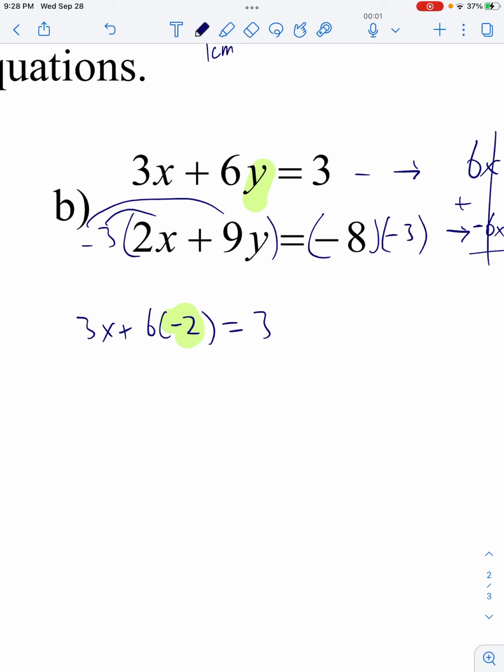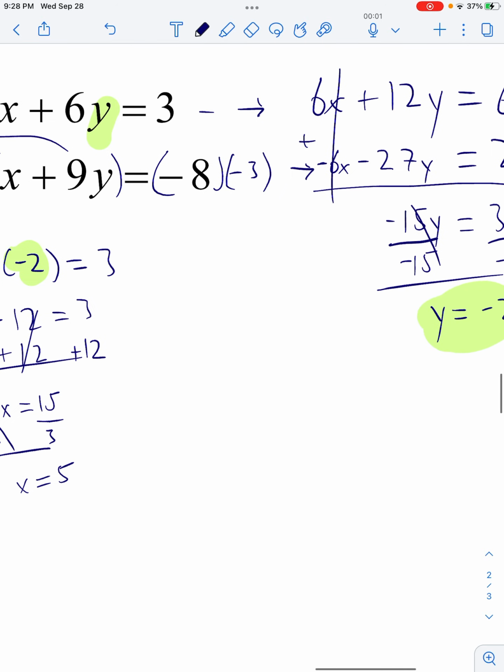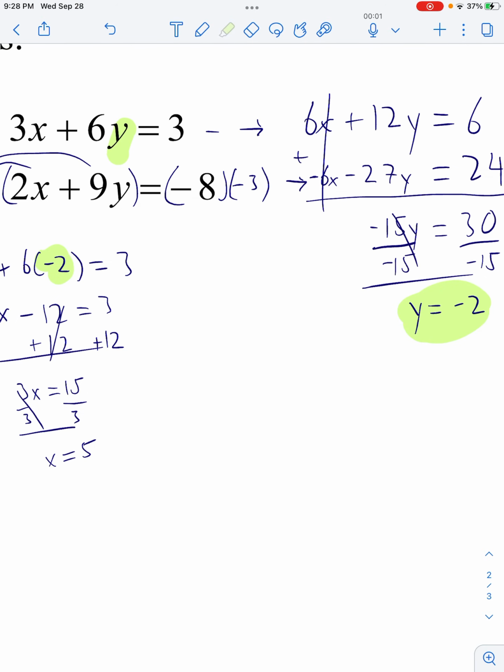Now I have one equation with one unknown that I can solve. Let me write that as -12, so 3x minus 12 equals 3. Add 12 to both sides. 3x equals 15. Divide by 3. x equals 5. Now I'm done. I got x equals 5 and y equals -2. Final solution right there.